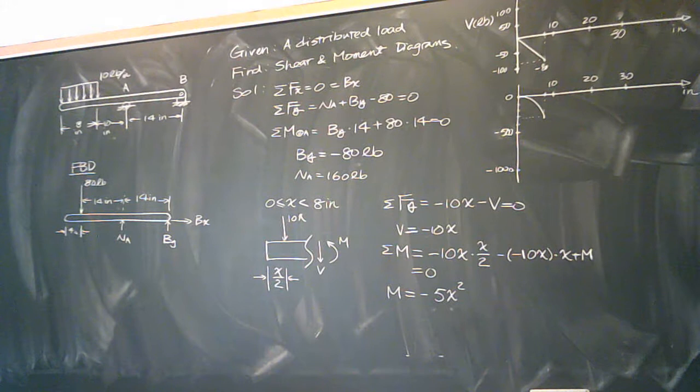Do I have any support between 0 to 18 inches? Right at 18 inches, it doesn't count. So do I have any supports? No. So how many forces am I talking about over here? Just one. How much is the force? 80 pounds.